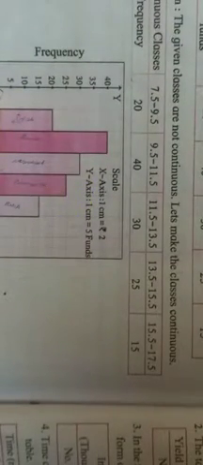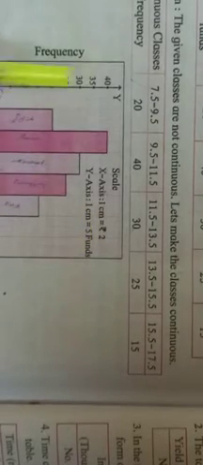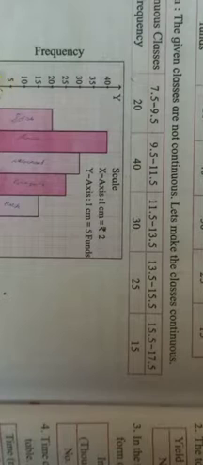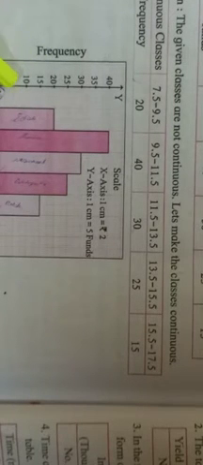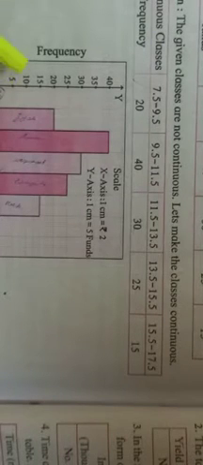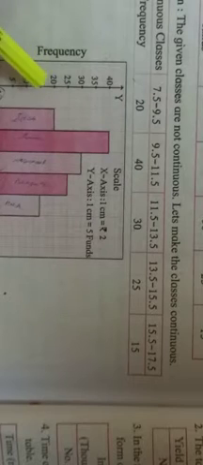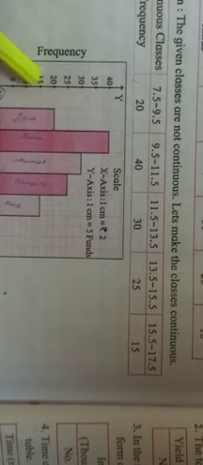Scale: x-axis 1 centimeter is equal to rupees 2, and on y-axis 1 centimeter is equal to 5. See, from 0 to 5, then 5 to 10, 10 to 15, 15 to 20, 1 unit is 5.